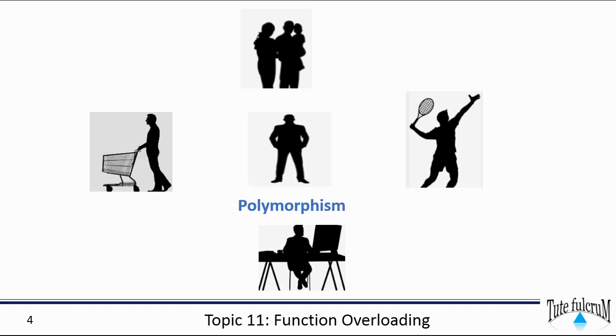A person at the same time can have different characteristics, like a man at the same time is a father, a husband, an employee, a sportsman, etc. So the same person possesses different behavior in different situations. This is called polymorphism. We have already talked about this in one of our sessions.